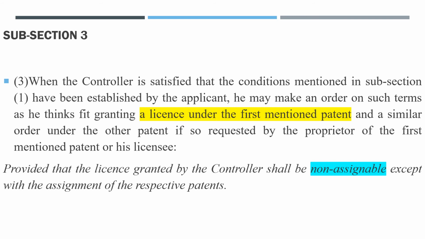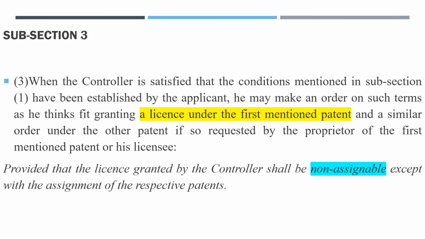Fine. So let me explain this subsection in my own way. Okay, just listen. The controller may make an order when he is satisfied that conditions mentioned in subsection 1 are established by the applicant, and grant a license under the first mentioned patent and under the other patent if requested by the proprietor of the first patent or his licensee.